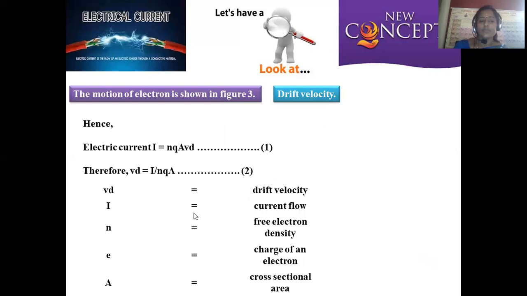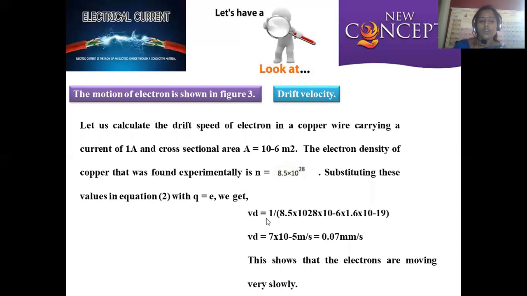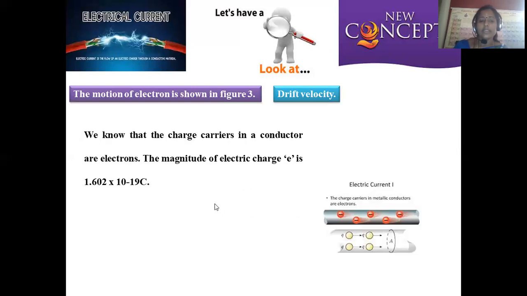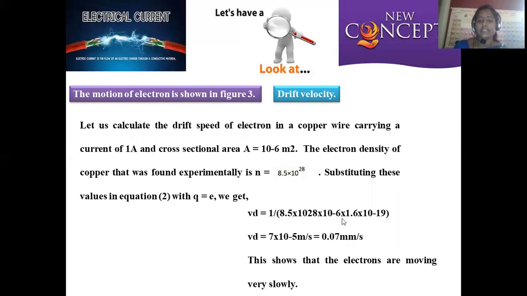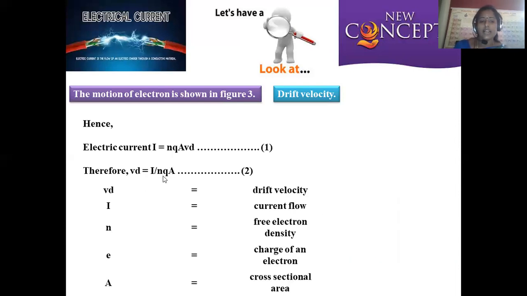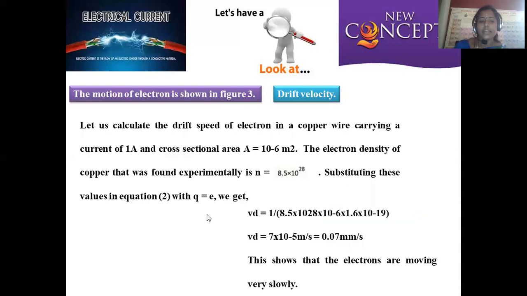The next term will be q. q is equal to e. e is nothing but the electrical charge, which is given by 1.602 into 10 to the power minus 19. That parameter was taken here, right? After that, A, the area of cross section, is given by 10 to the power minus 6. All the parameters are substituted in this drift speed equation.